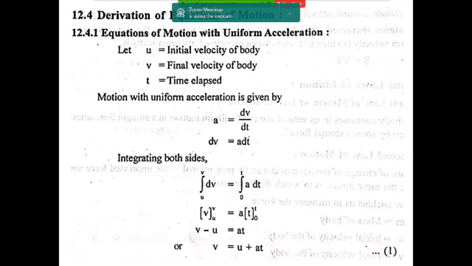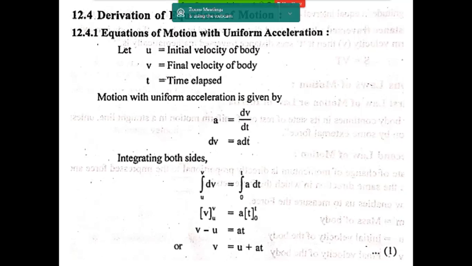Motion with uniform acceleration is given by a is equal to dv by dt. This is the change in velocity with respect to change in time. Now I will keep dv as it is, and I will move dt to this side. Then it becomes dv is equal to a dt.